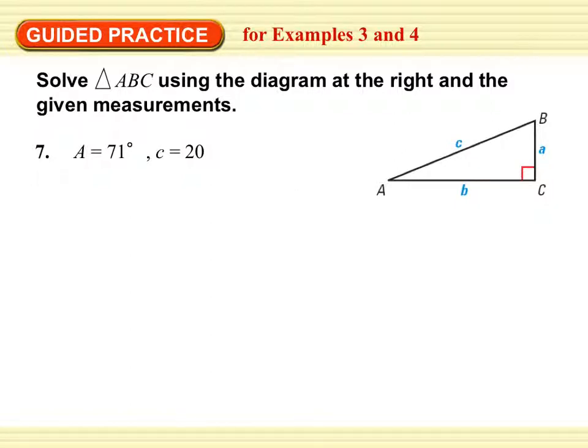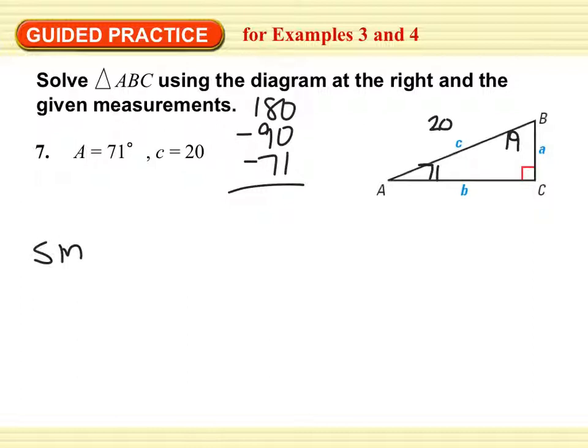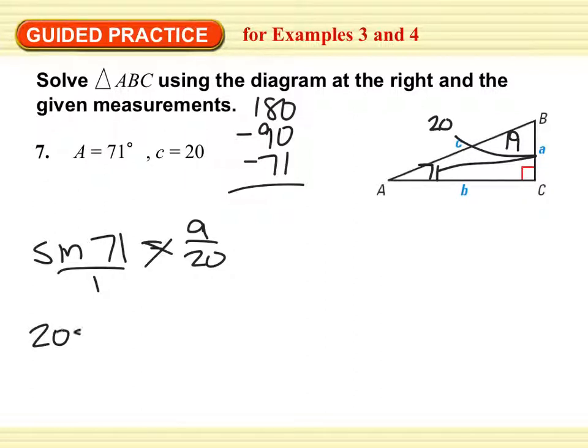Another one. A is 71 degrees, b is unknown, and c is 20. So I can use sine or cosine, not tangent. Let's use sine of 71 is opposite over hypotenuse, so a over 20. Cross multiply. 20 sine 71 equals a.